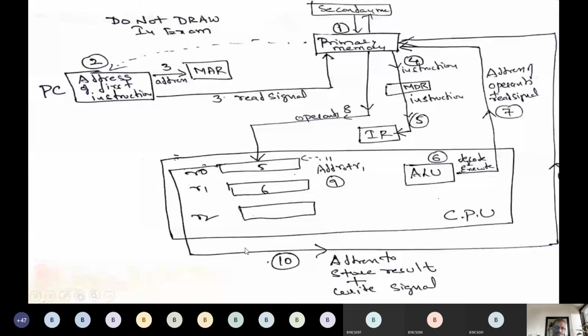You can see it is a write signal along with the address where the result needs to be stored. The address plus the write signal is sent to the primary memory, and obviously the result 11 is stored in primary memory. If there is a printf statement, the 11 is printed directly onto the monitor.